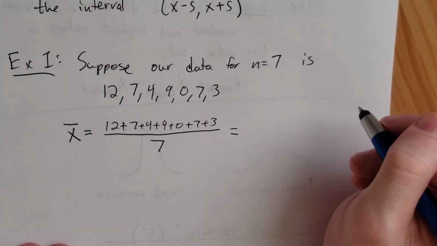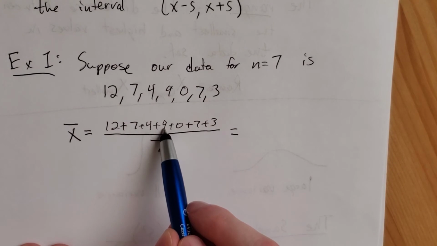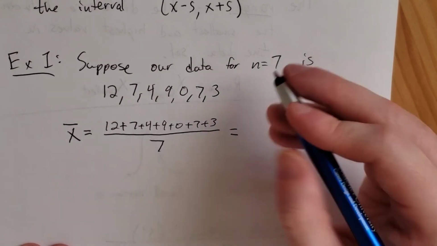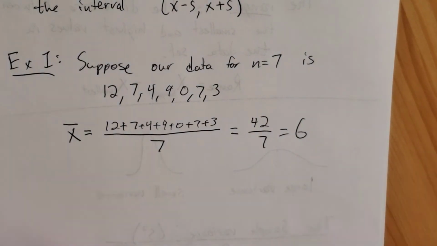All right, let's see here. It's 19 plus 4 is 23, plus 9 is 32, plus 10 more is 42. So this is 6. So we get 6 is our mean.